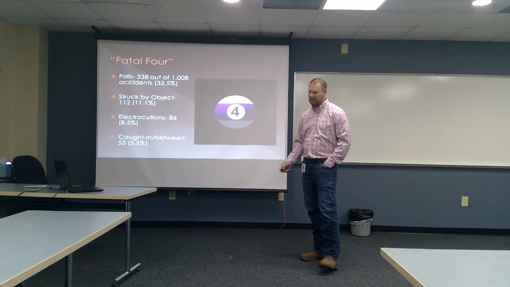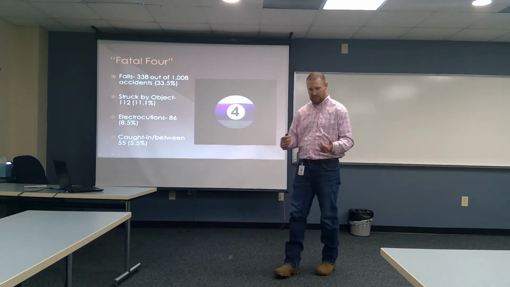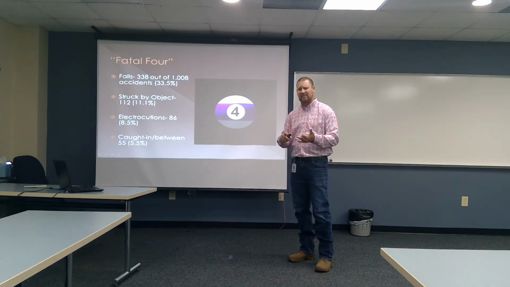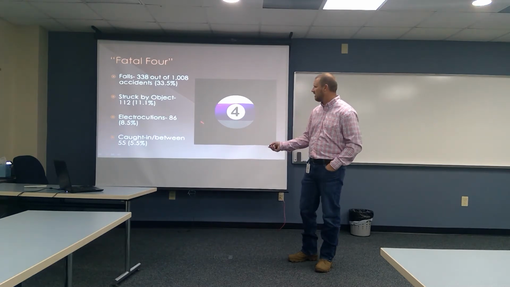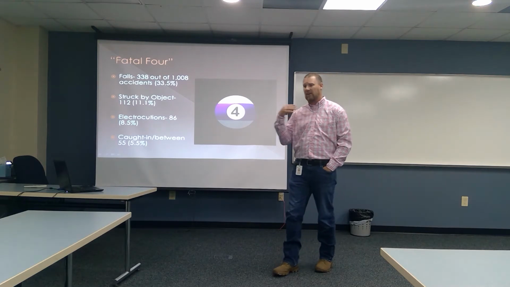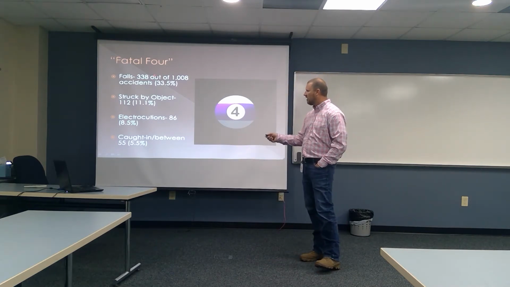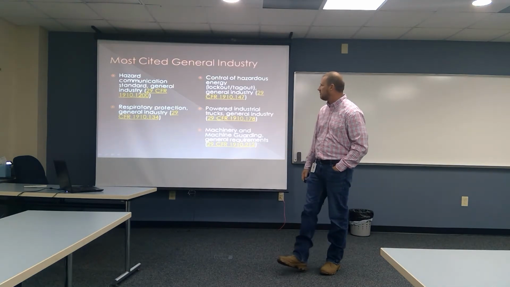Was it struck by something? Electrocutions, hopefully in our industry, those are going away. As much as we preach rubber gloves, rubber sleeves, putting up our grounds, air gaps, testing for voltage, hopefully we'll see these numbers drop. But as we put a focus here, we have to make sure that we also don't omit these other 3 as well. Okay.